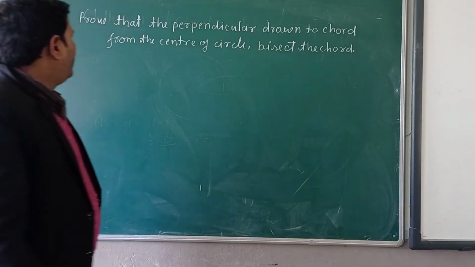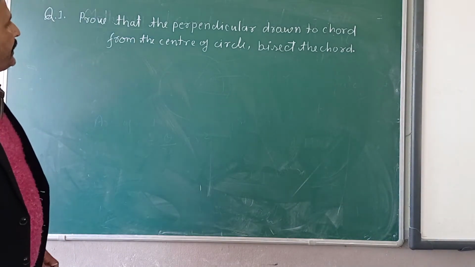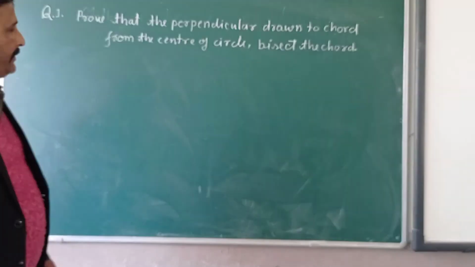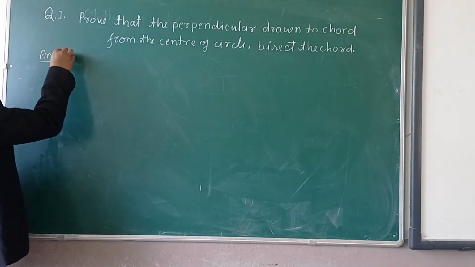This is the first question. Prove that the perpendicular drawn to the chord from the center of the circle bisects the chord. Proof. Answer. Or proof.